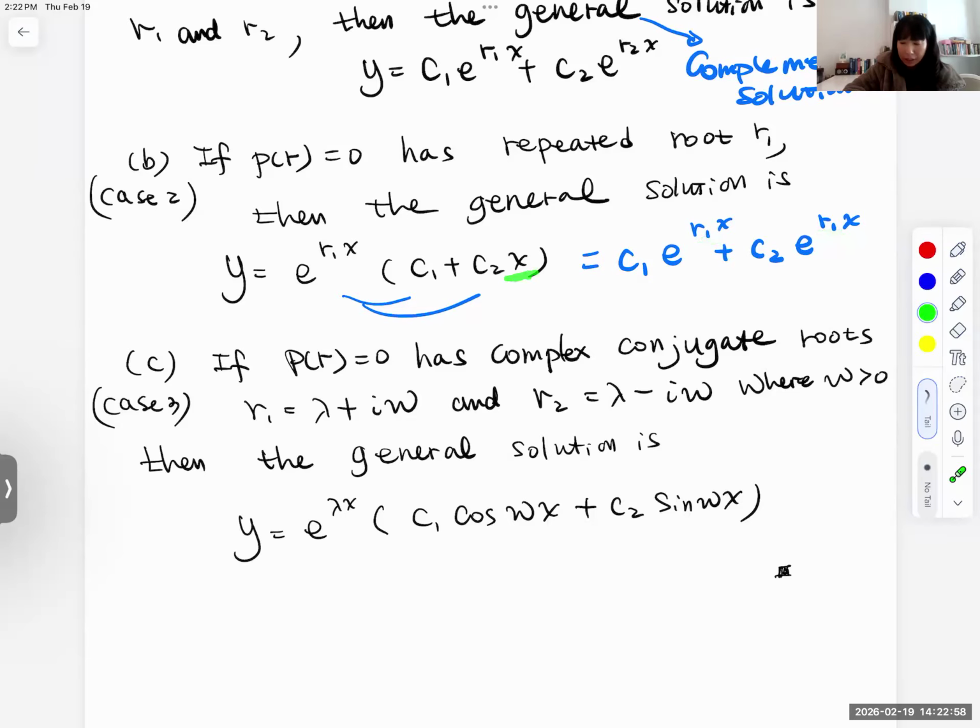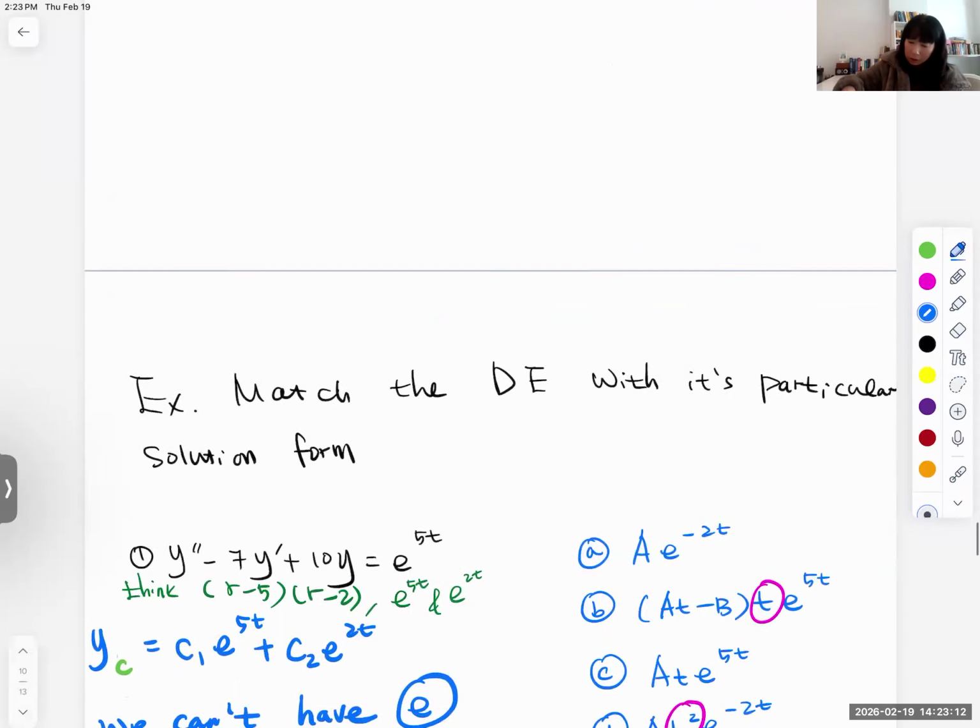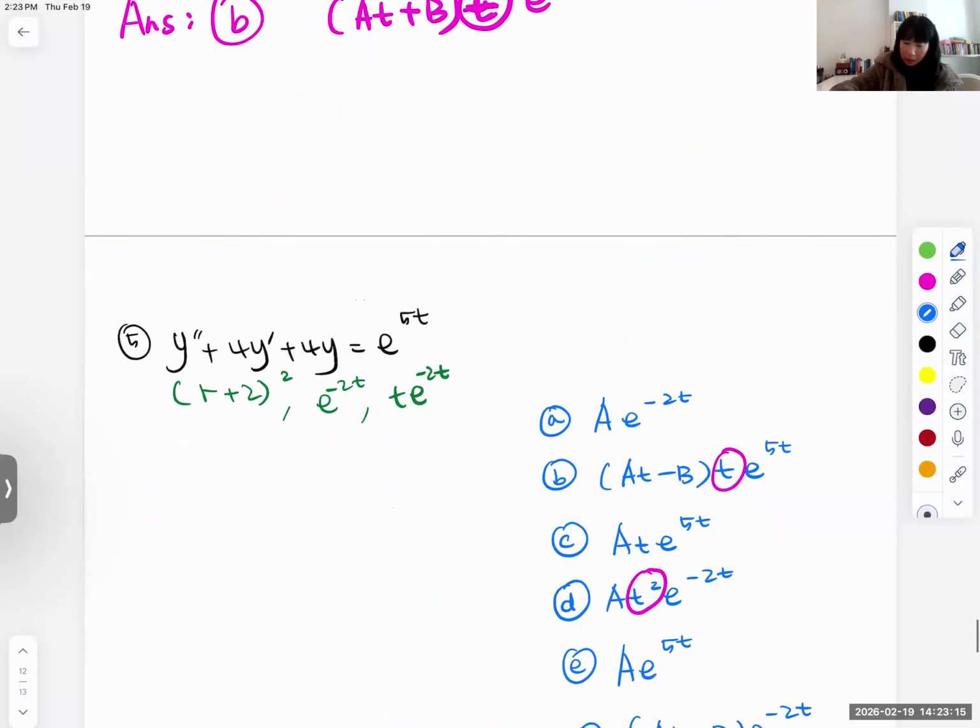So we insert x there. Distribute. Don't forget that. Now, the complementary solution will be c sub 1 e to the negative 2t plus c sub 2 t e to the negative 2t. That's the solution for complementary equation, right?